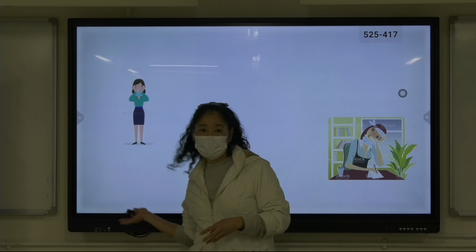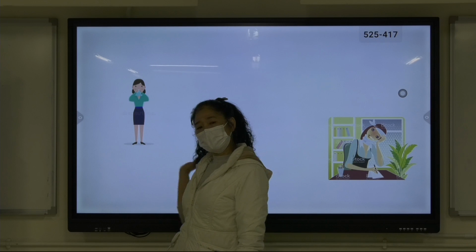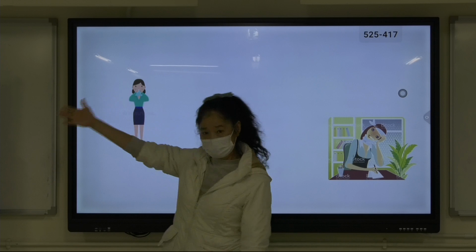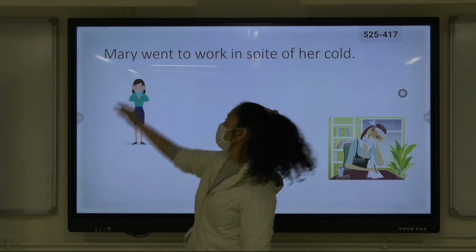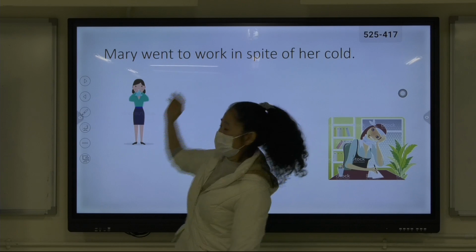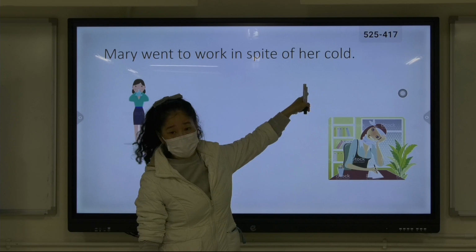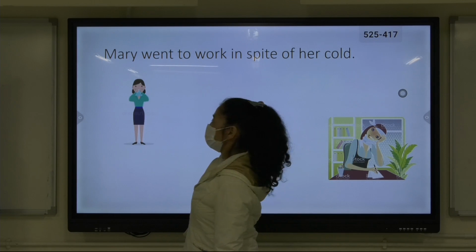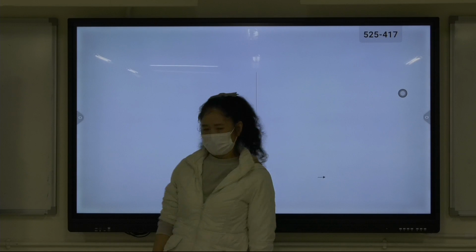She doesn't care about her cold, she went to work. So how to express these two contrast ideas? We can use one of the connectives. Let's look at the example: Mary went to work in spite of her cold. So these are examples of using connectives to show contrast ideas.